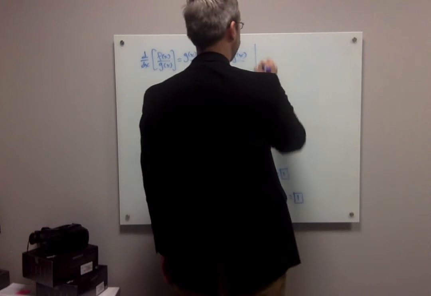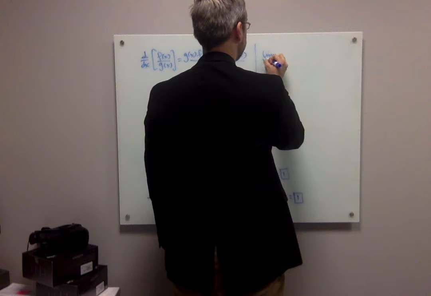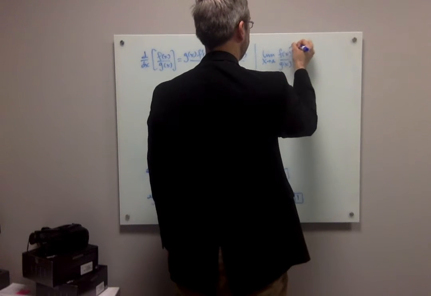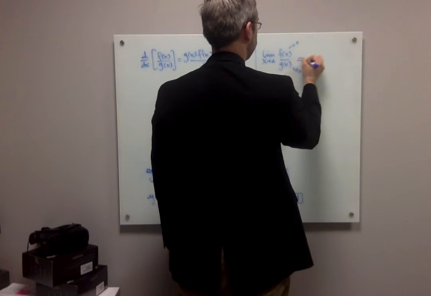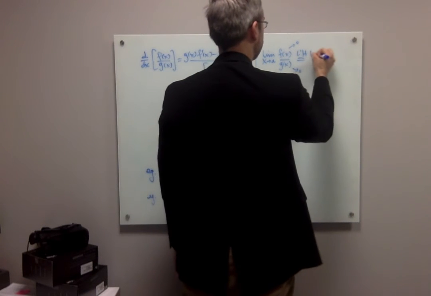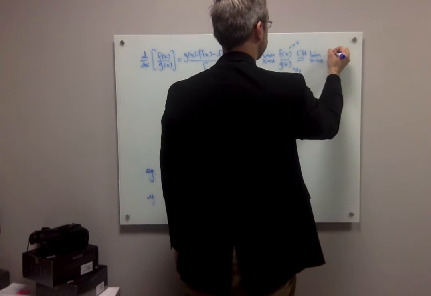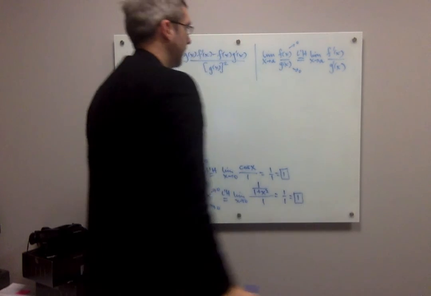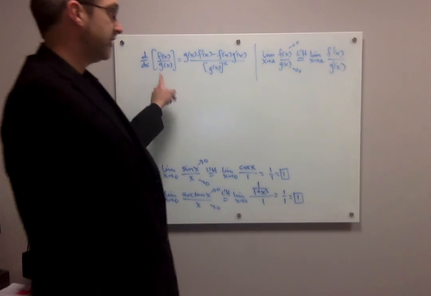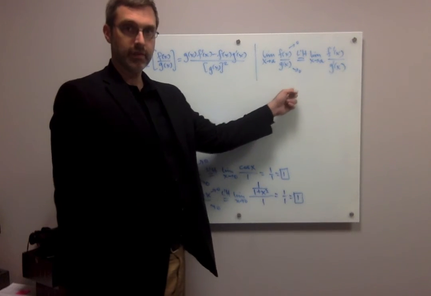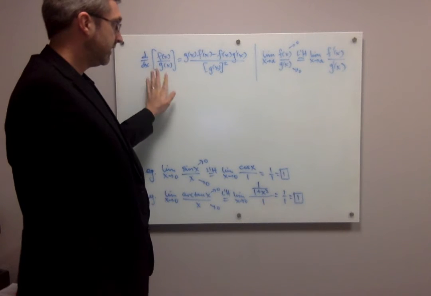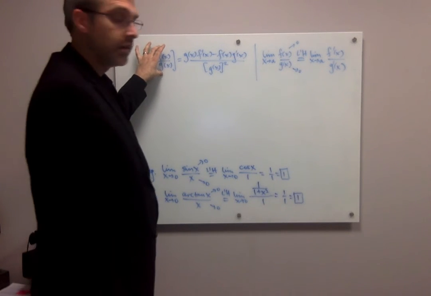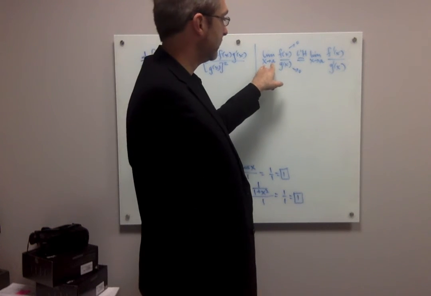L'Hopital's rule says if you're finding the limit of f over g, and they both go to 0, for instance, then L'Hopital's rule would say take the derivative of the top over the derivative of the bottom. The difference here is that on the left side, I'm trying to take the derivative of this fraction, and on the right side, I'm trying to take the limit of this fraction.